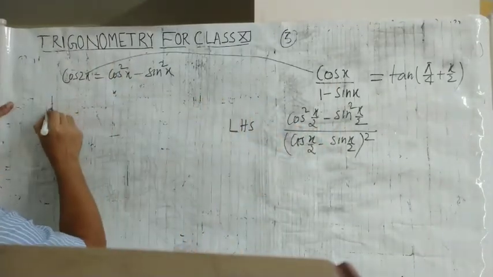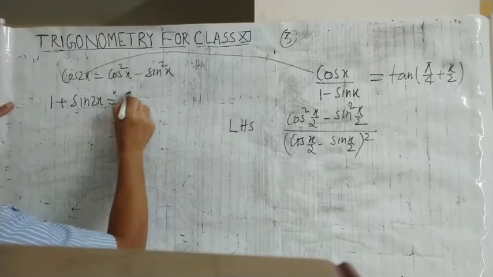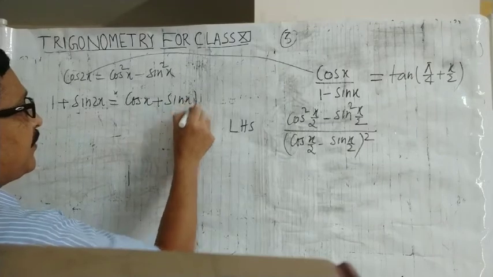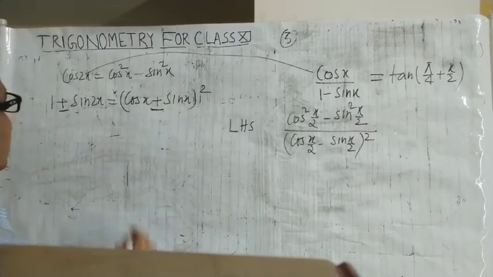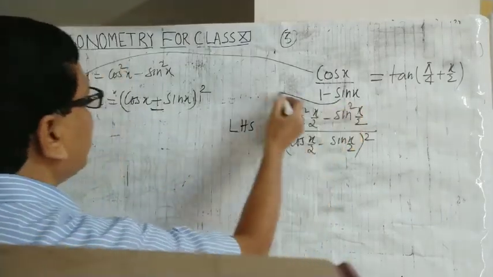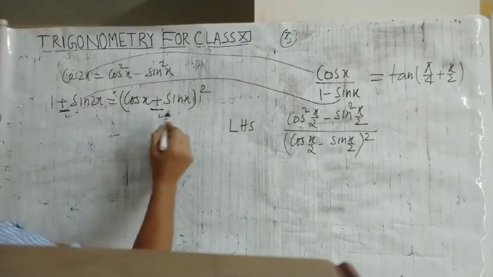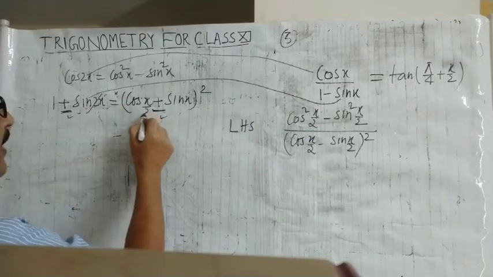At the same time, 1 plus sin 2x is equal to cos x plus sin x whole square. And in case of minus, here will be minus. So for minus we use this formula. For 1 minus sin, we have taken this. As 2 is cancelled, this will be by 2 and by 2.